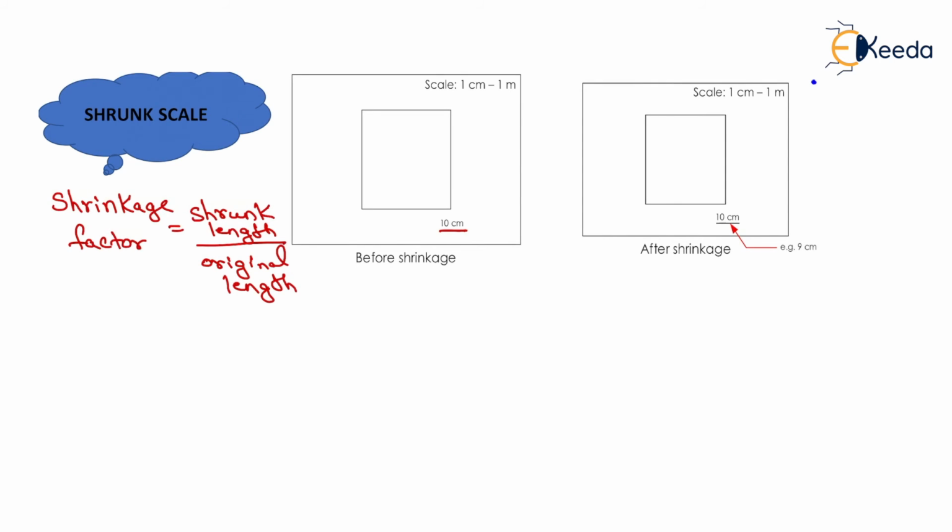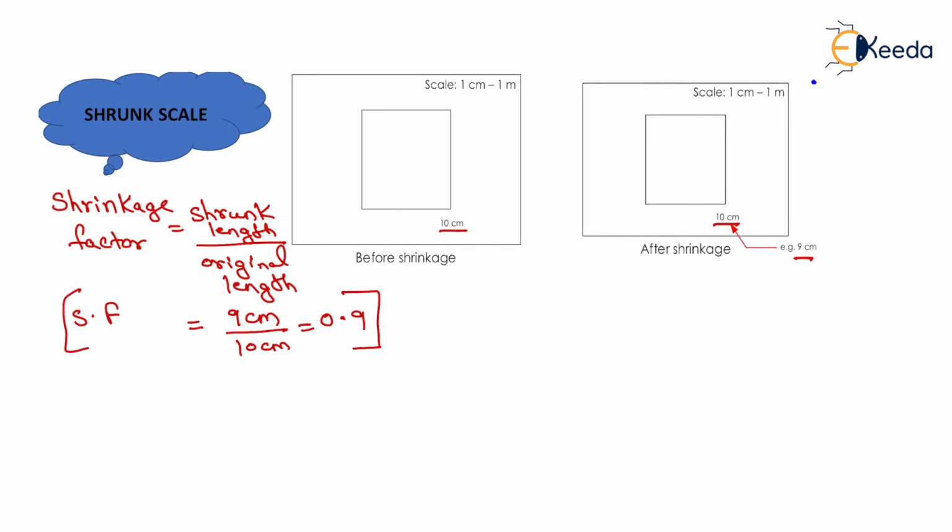After shrinkage, when we measure this distance, it comes as 9 centimeter. So the shrunk length is 9 centimeter and the original length is 10 centimeter. Putting in the values, 9 centimeter upon 10 centimeter, we get the shrinkage factor as 0.9.